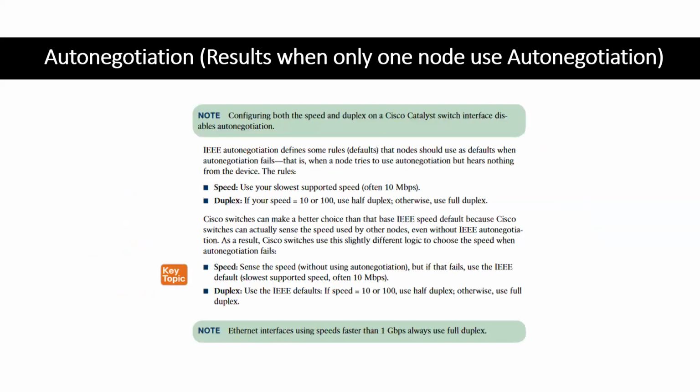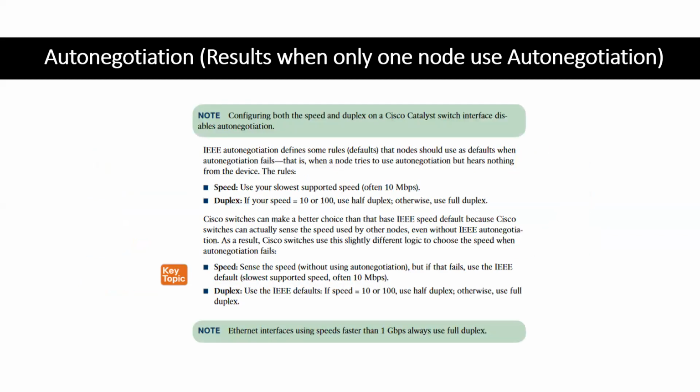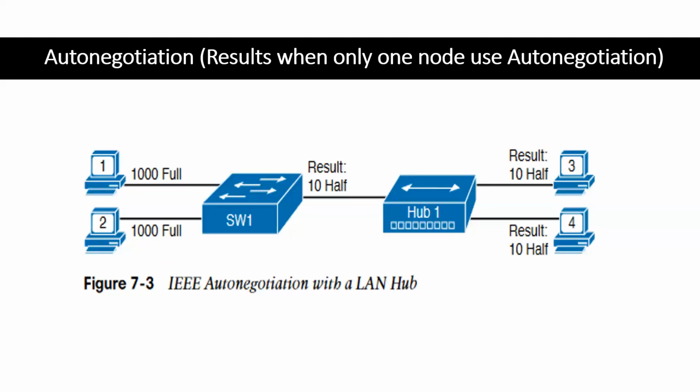Based on the rules we just went over, the Cisco device, Ryan's switch one, is going to see it and not get any auto negotiation messages because the hub doesn't send them. It's going to detect data being sent via electrical signals and say, I detect speeds of 10 megabits per second, so I'm going to set my speed to 10 megabits per second. Based on the IEEE defaults set in my device, my logic is I'm going to set my link duplex to half.